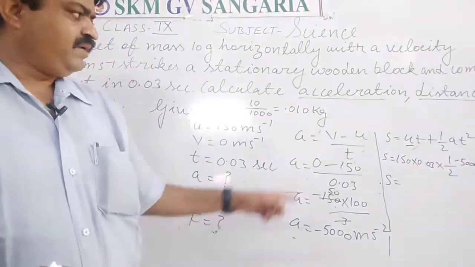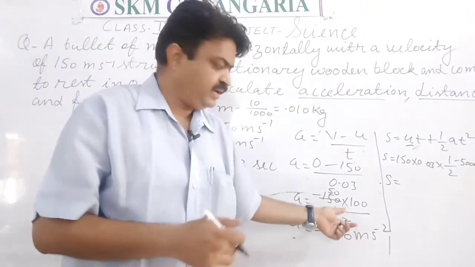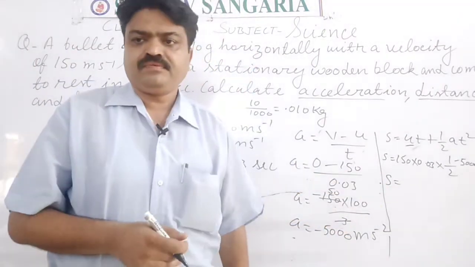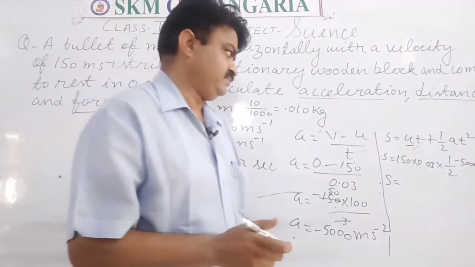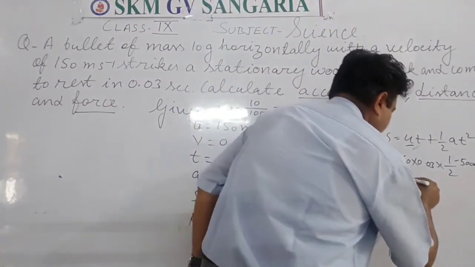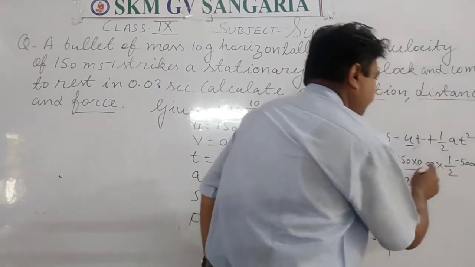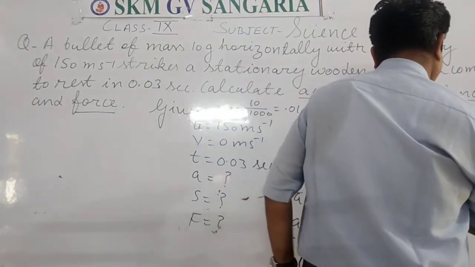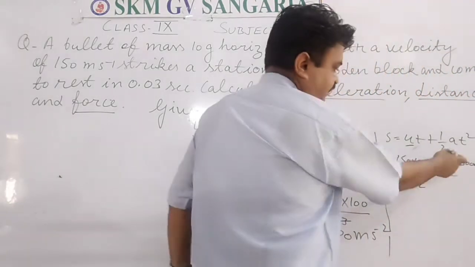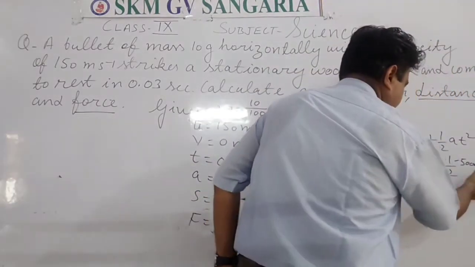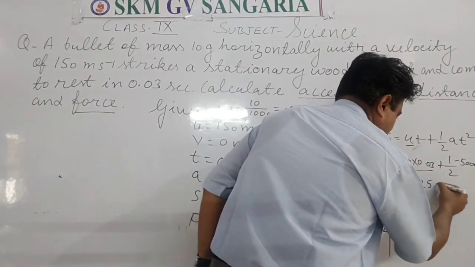And when you calculate it, you will get the answer 2.25. So s equals ut plus half at square; you calculate this, and in the calculation you will get 2.25 meter.